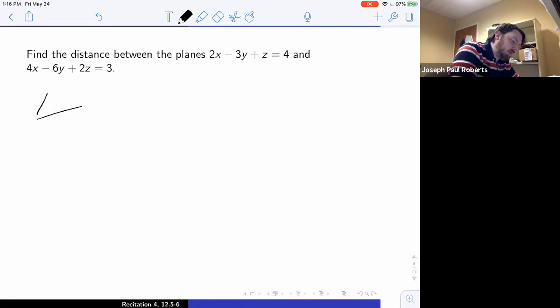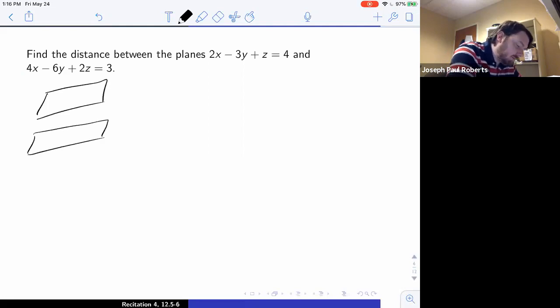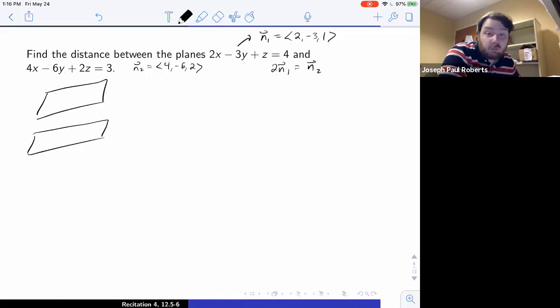But if we have parallel planes, which is what we have here, then there will be a distance. Notice that these are in fact parallel planes because the normal vectors are parallel vectors. So n1 is 2, negative 3, 1. n2 is 4, negative 6, 2. So notice that 2 times n1 is n2. So those are in fact parallel planes.